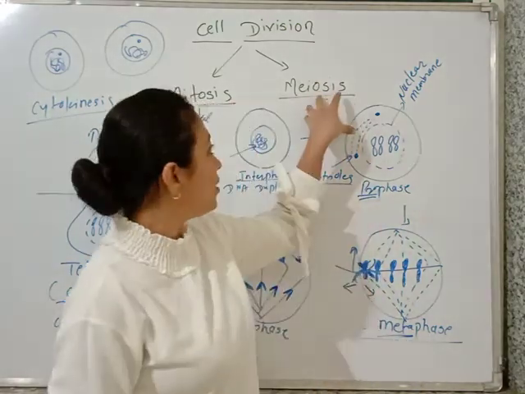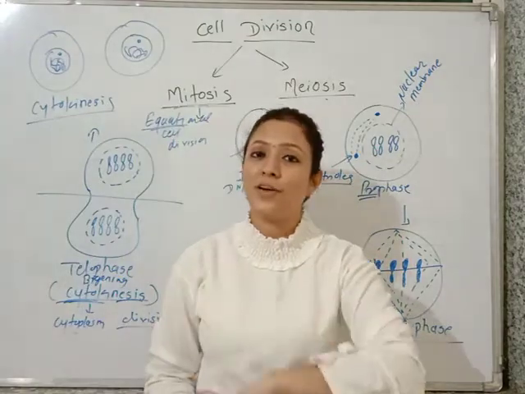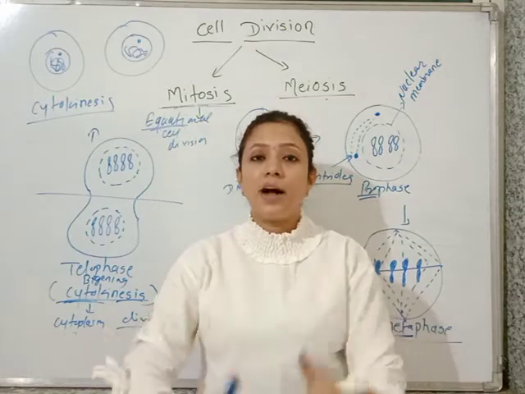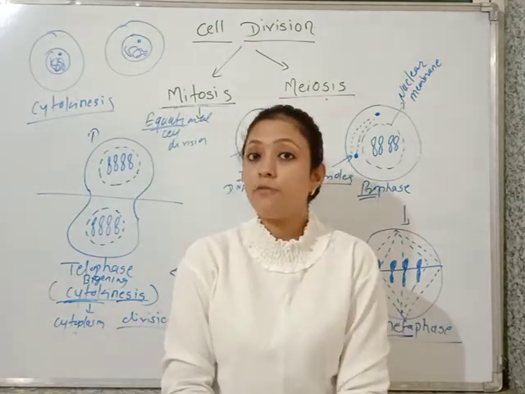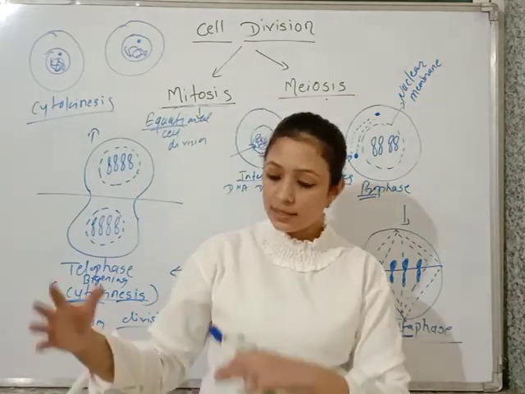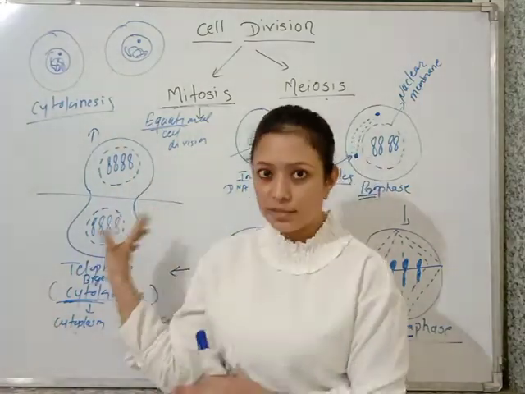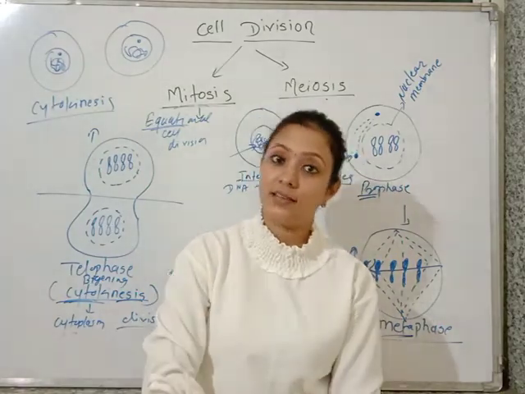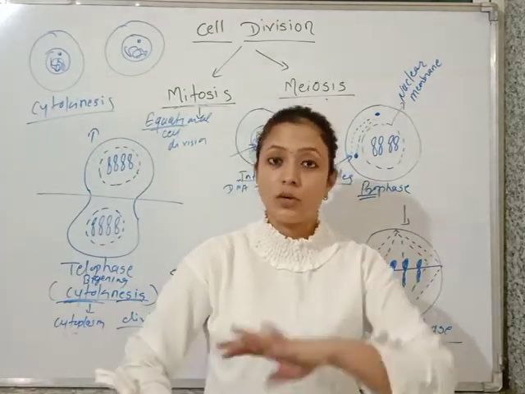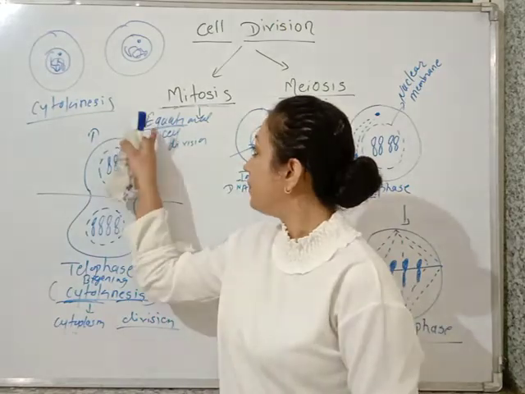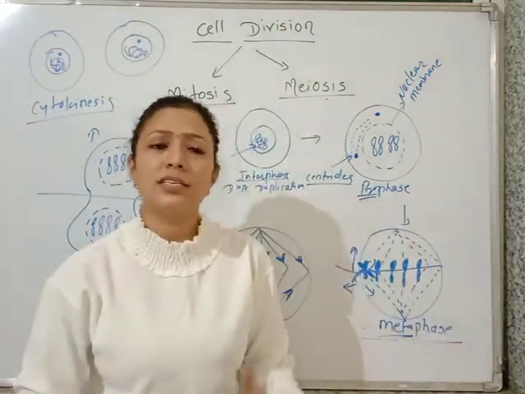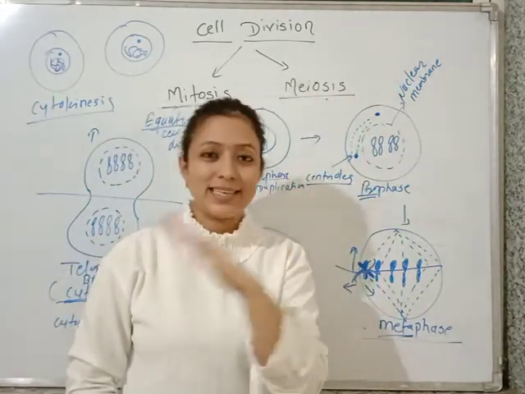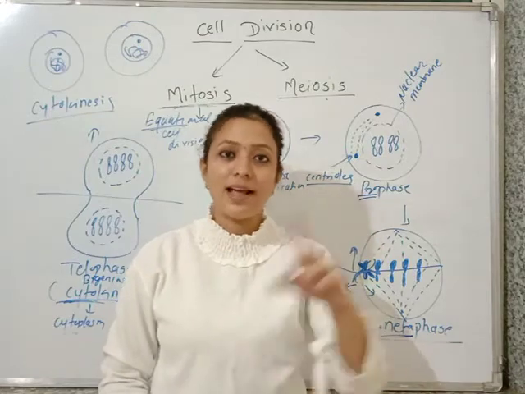But in meiosis one cell divides to form four daughter cells, and this process happens by two types of cell division. It is the same as this: first the prophase occurs, then the metaphase, then the anaphase, and then the telophase. So the four stages are there in mitosis. The same kind of processes occur in meiosis, but two times. So it is divided as meiosis 1 and meiosis 2.